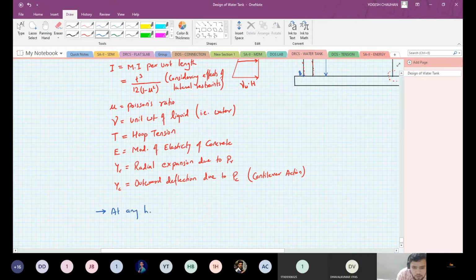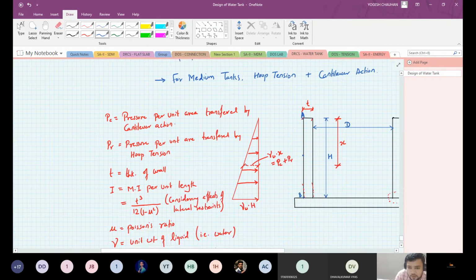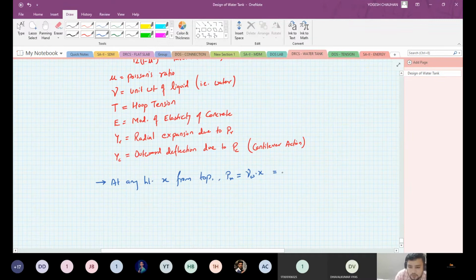At any height x from top, the pressure at x is equal to gamma w times x, which is equal to Pc plus Pr, that is the pressure due to cantilever action and due to hook tension.